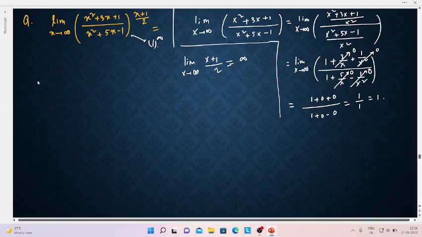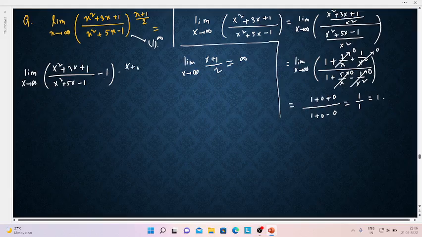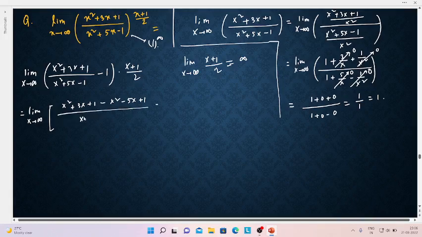Let me first find out the power part, which is the limit x tends to infinity of (x² + 3x + 1)/(x² + 5x - 1) minus 1, times (x + 1/2).